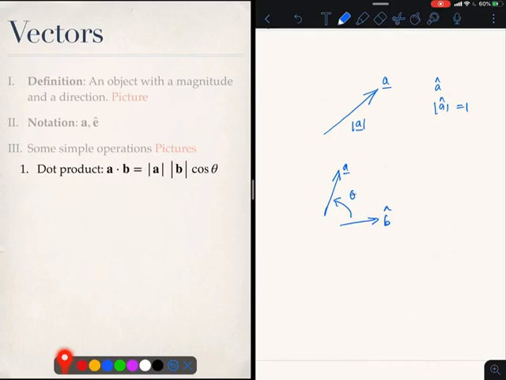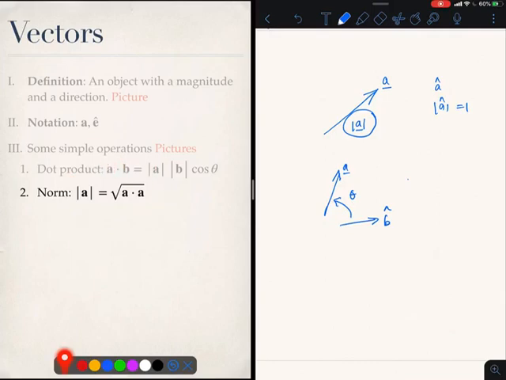Then the dot product is simply as written over there: A dot B is AB cos theta, where, as I have already said, this means the magnitude of the vector, the length of the vector. Well, how do you actually compute the length of the vector? That is easy. We simply use the dot product formula and have theta equal to 0 degrees, and we get this formula right here.